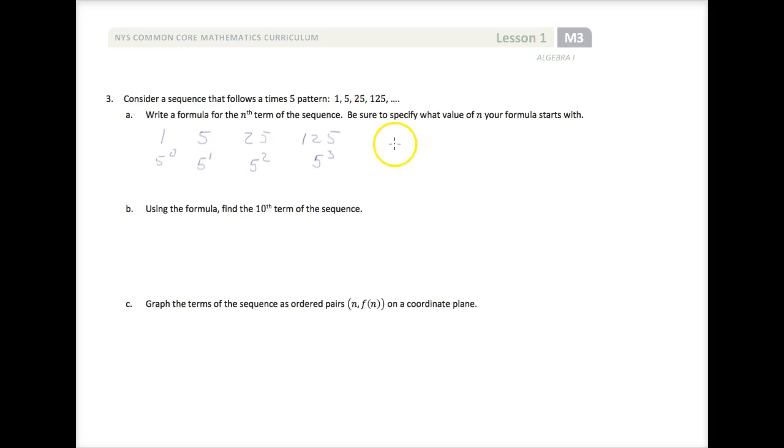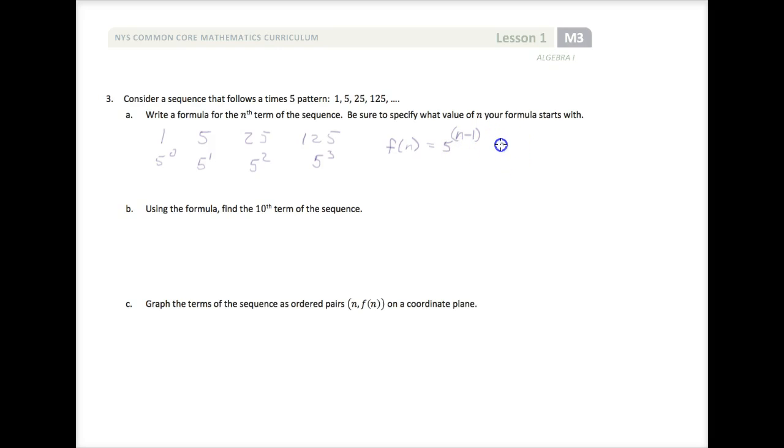So if we're going to write a function notation for this one, f of n, the value of the term in the nth position will be 5 to the, and you notice that the first position is 0, second position is 1, so it's to the n minus 1 power. So if we subtract 1 for our power, we can get our correct answers.